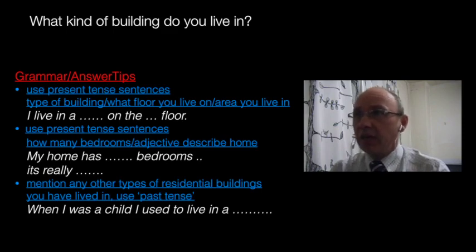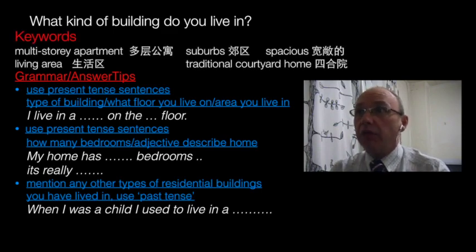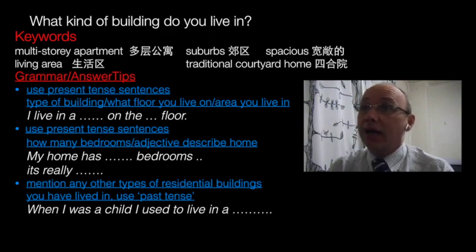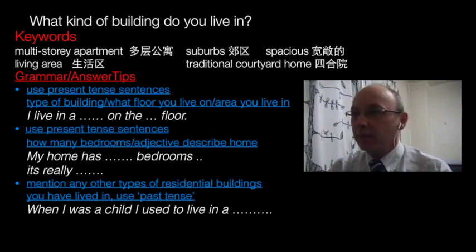So let's look at our key words here, and I'm saying here I live in the suburbs, and the type of home I live in is a multi-story apartment, 多层建筑, suburbs, 郊区. And then I'm going to describe the home as in how many bedrooms it has, and the adjective I'll use is quite 宽大的, it's quite spacious.